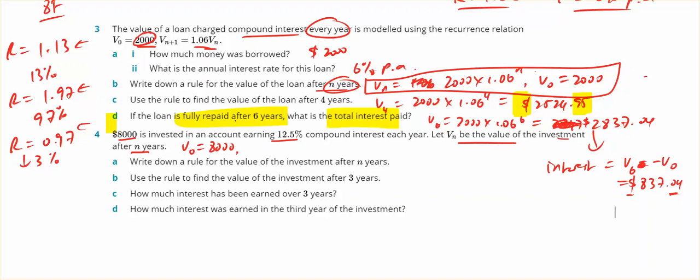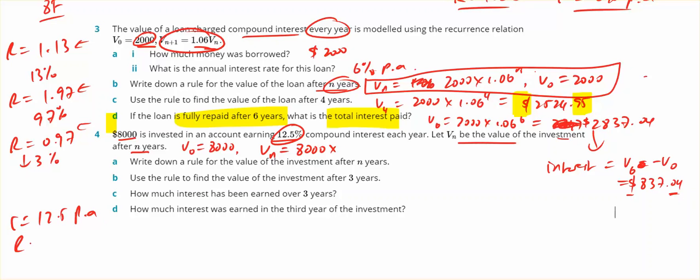So it's asking you for a rule. Rule means not a recurrence relation, so not something like this. Okay, that's a recurrence relation. A rule means we want Vn is my initial amount, the principal amount, multiplied by my big R value. Now, my small r value in this case is 12.5% per annum.